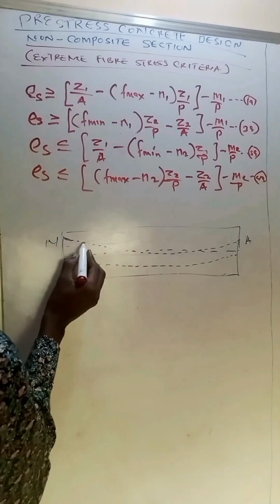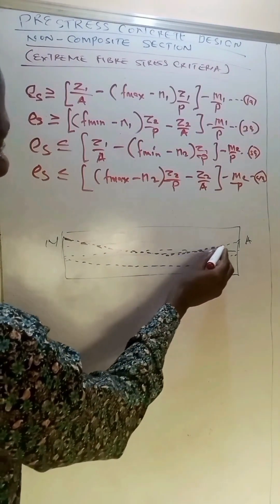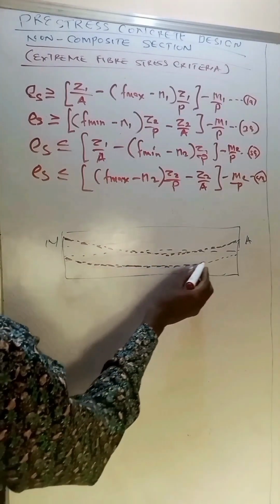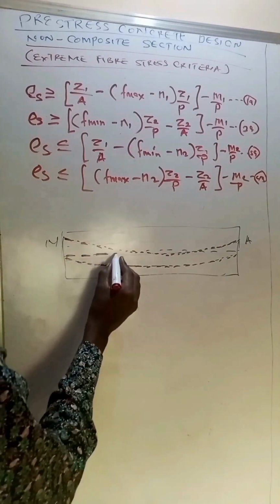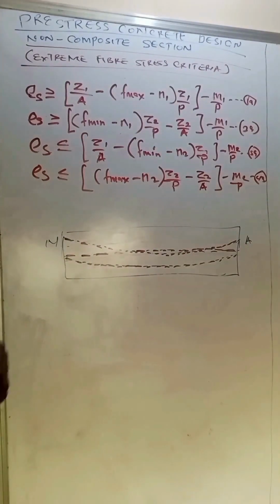So if we can say, okay, this is our cable zone, all right. We'll call this one our neutral axis, okay.